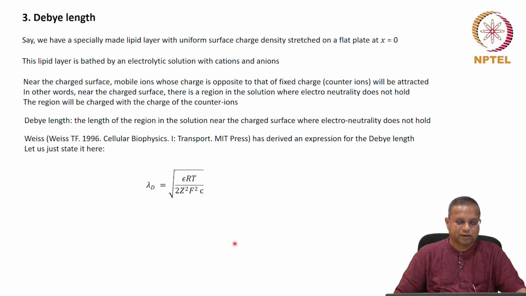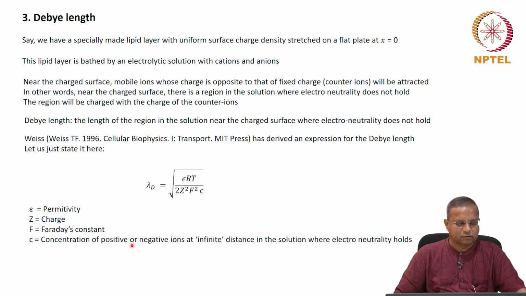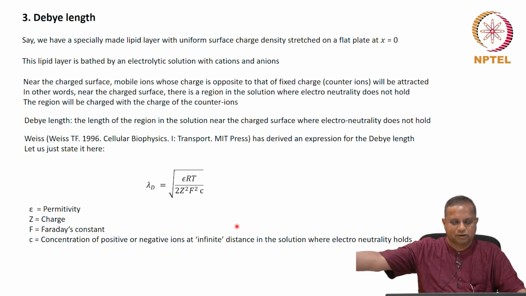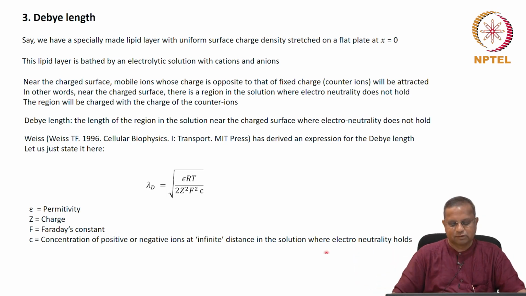Here I am just going to state it as lambda D, which is the Debye length, can be given as the square root of epsilon R T over 2 z squared F squared c. Epsilon is the permittivity, z is the charge, F is the Faraday's constant, c is the concentration of positive or negative ions at infinite distance in the solution where electron neutrality holds.